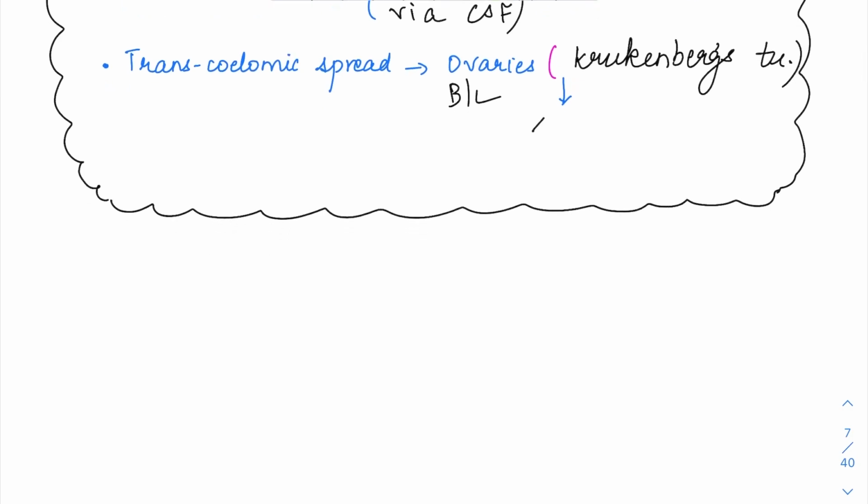Those malignancies are usually from the stomach, breast, colon or pancreas. From these, there is metastasis, and they use this transcoelomic spread and reach bilateral ovaries, producing a bilateral ovarian tumor called Krukenberg's tumor. Okay.